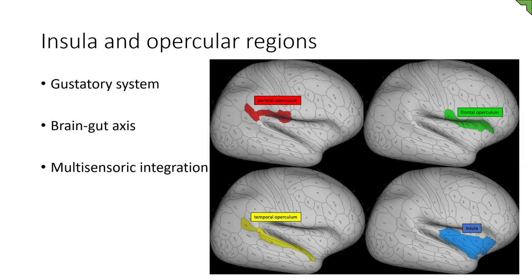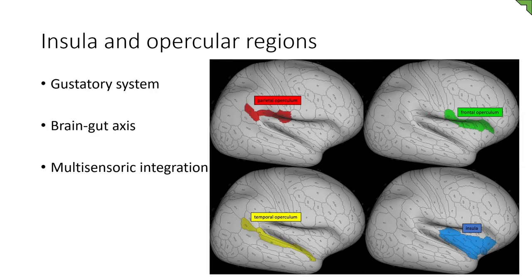But it also has very complex functions, so it's also involved in emotion processing and so on, but the most prominent function is the gustatory system, so the understanding of tastes of food, and also the integration of information through the brain-gut axis.